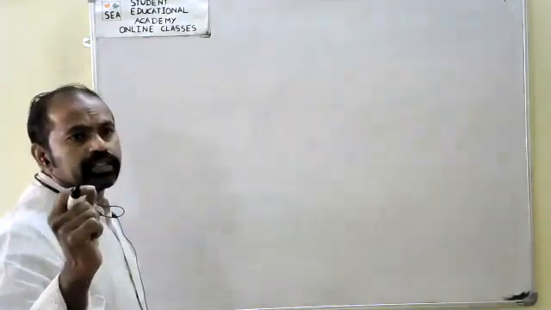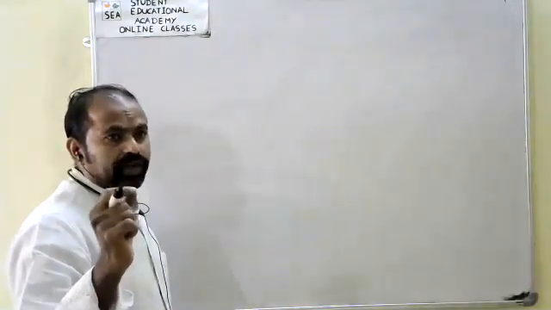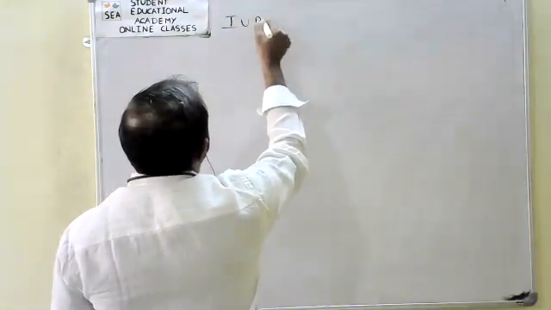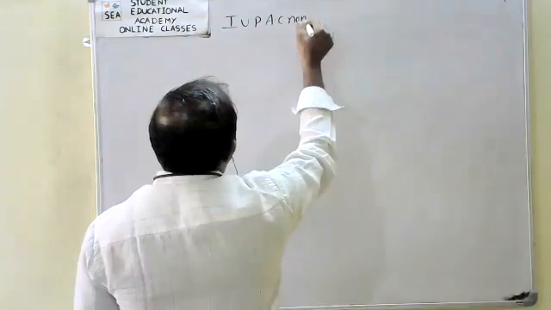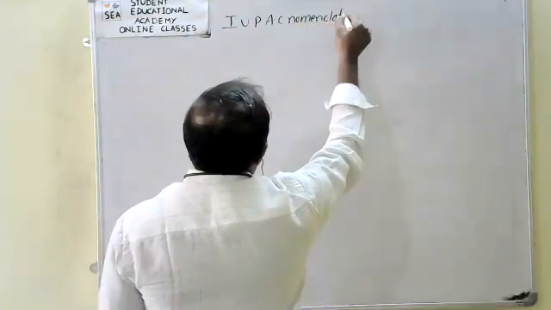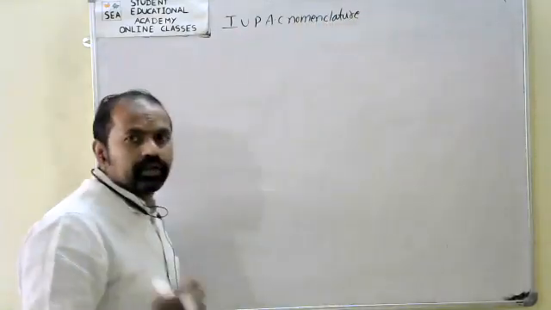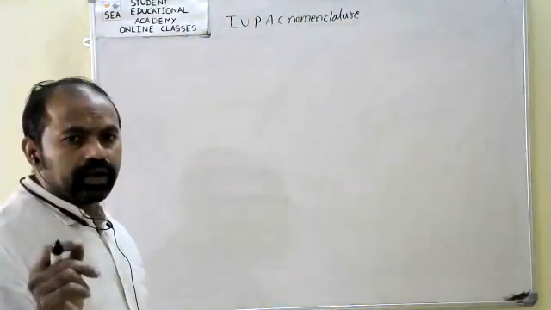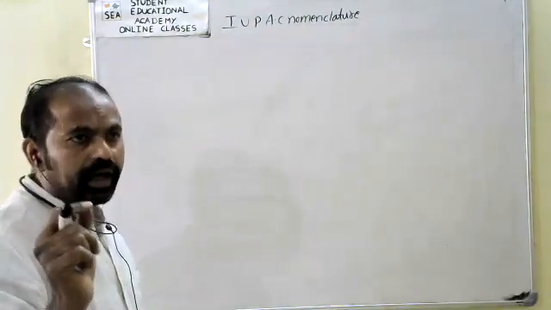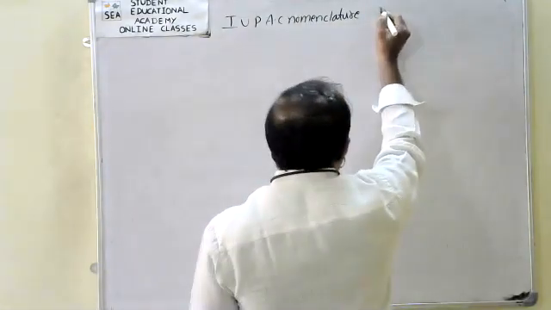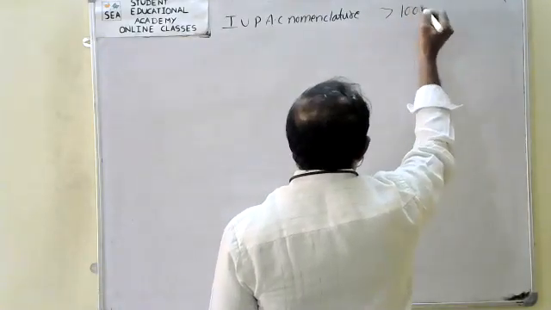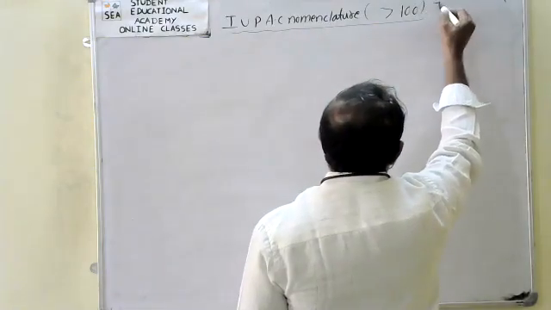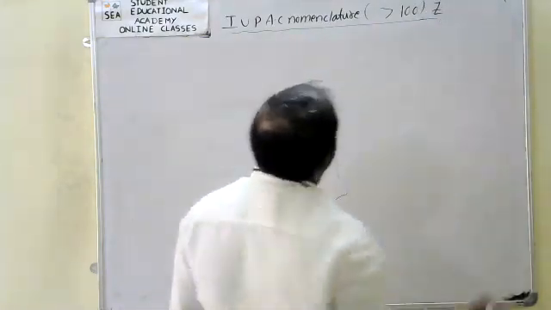Now, the IUPAC nomenclature for elements having atomic numbers greater than 100, more than 100 atomic number.